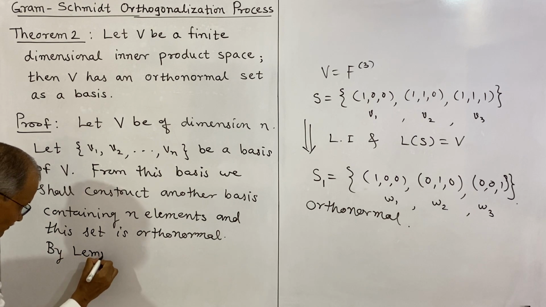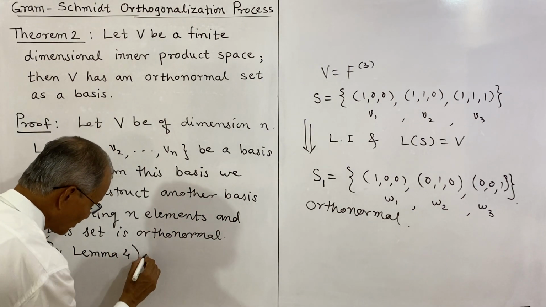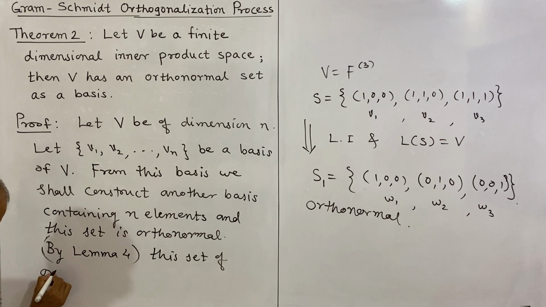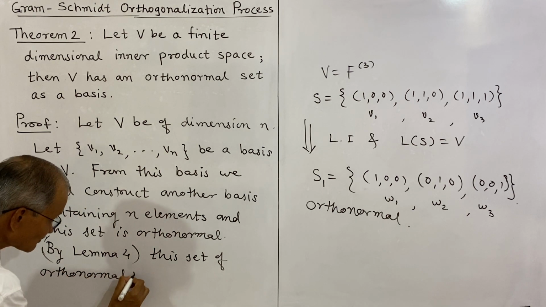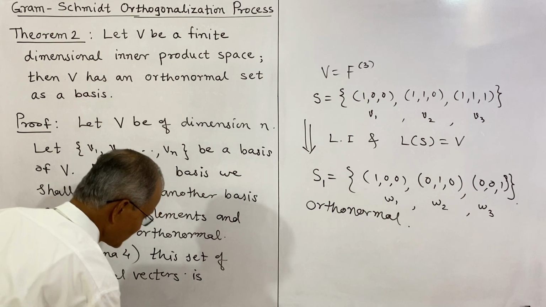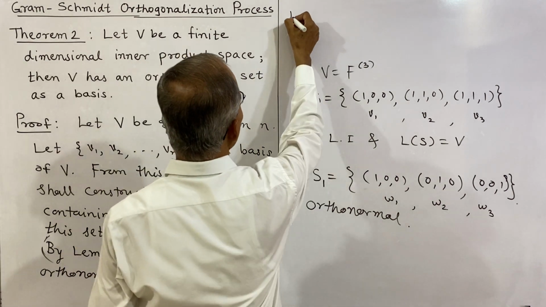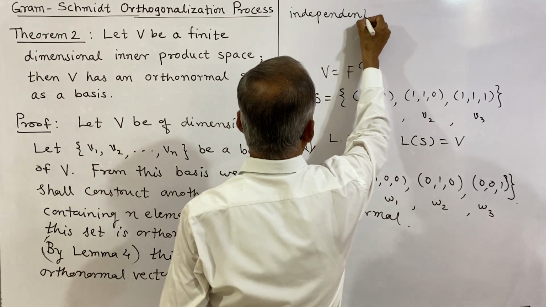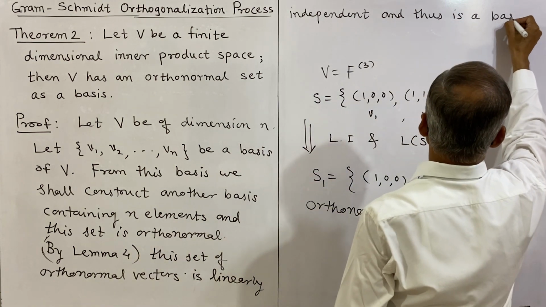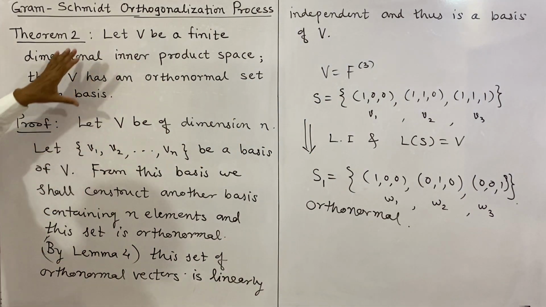By lemma 4, this set, the set of orthonormal vectors, is linearly independent and thus forms a basis of V. So, this is the procedure that we will do in the proof of this theorem.